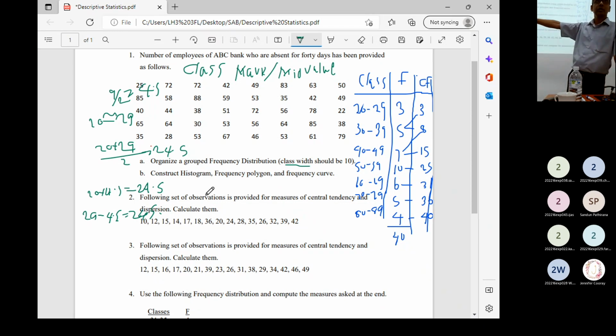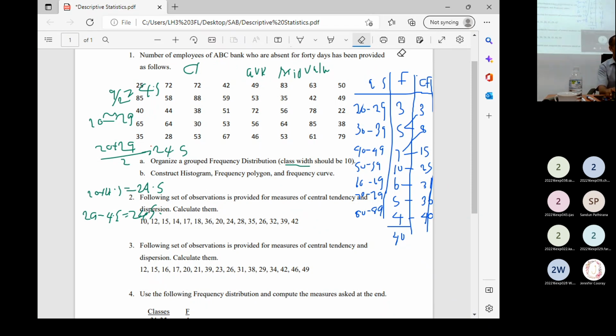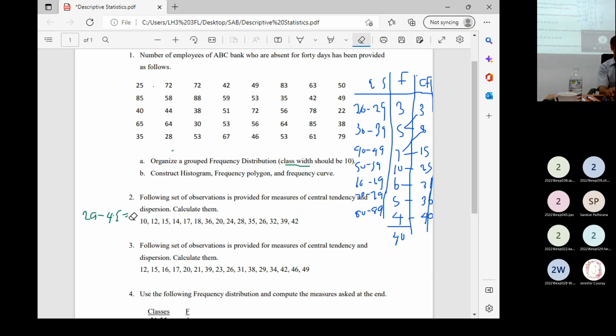Right, that is a class. 40 or above, you don't know the endpoint. That is open class. Right, now we write: if we cannot see the endpoint of a class, that is called open class.